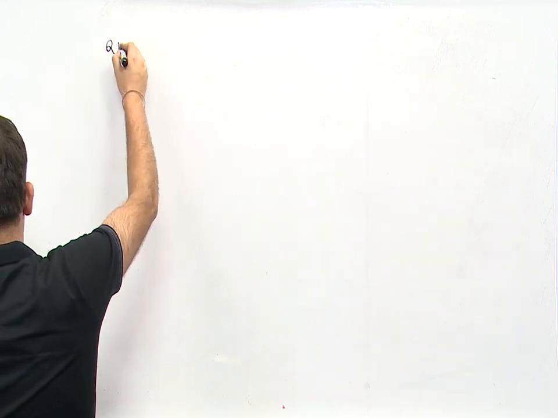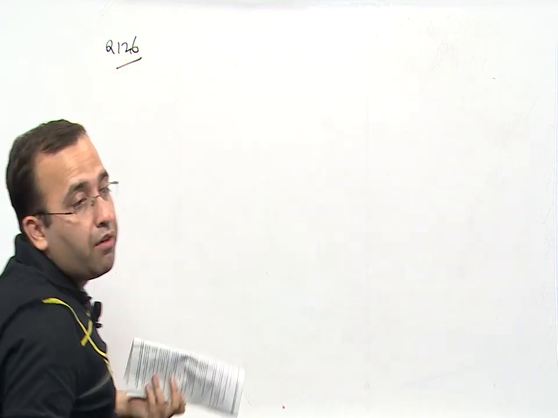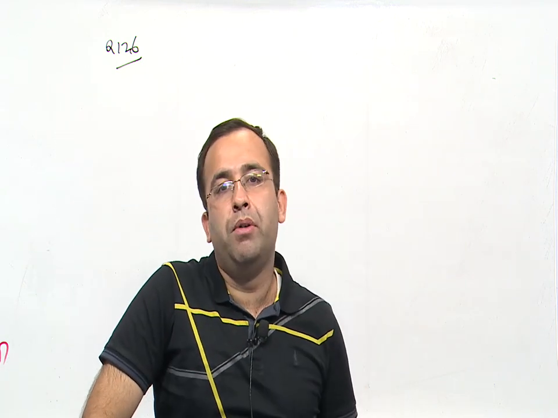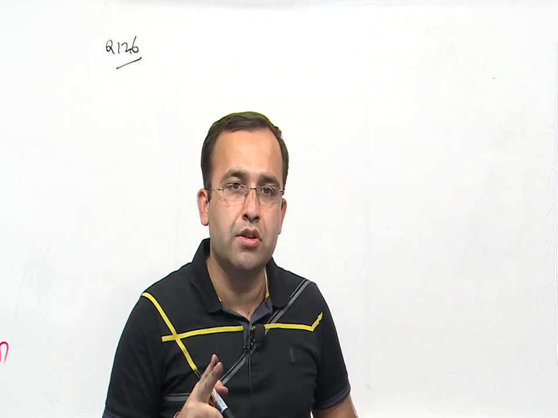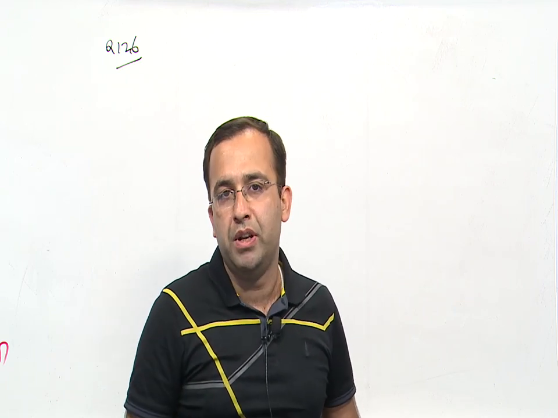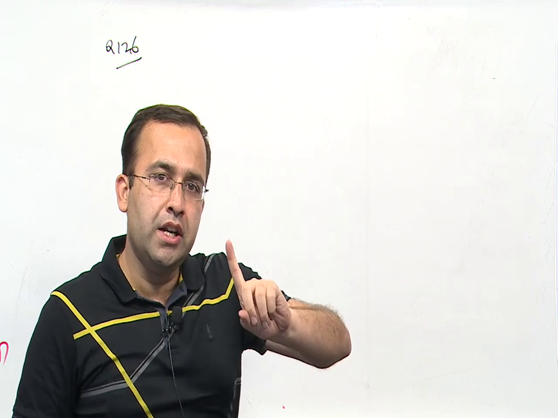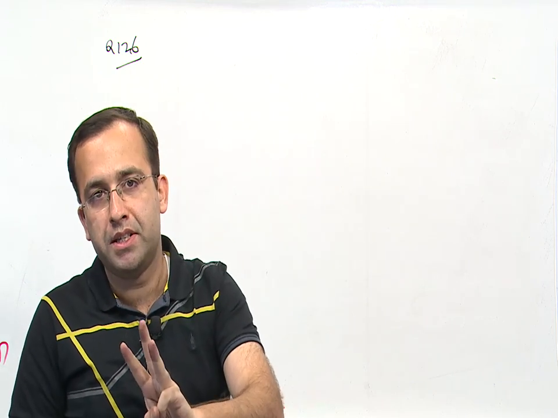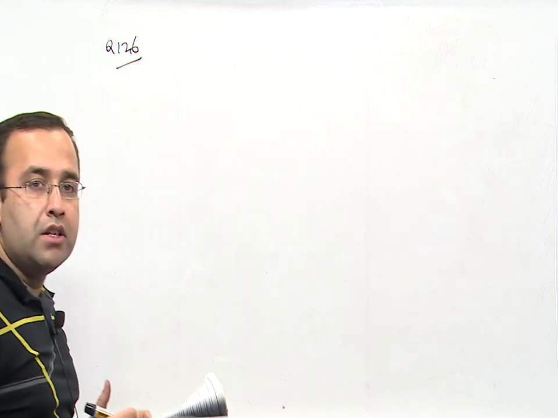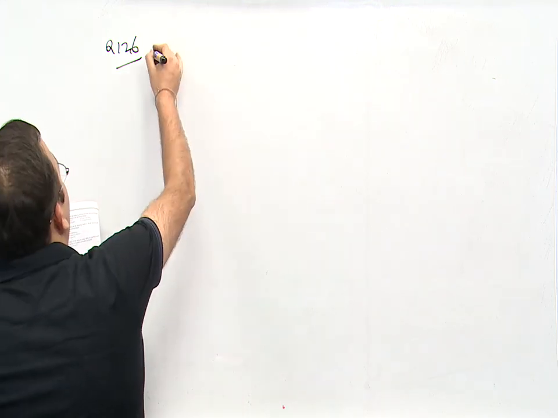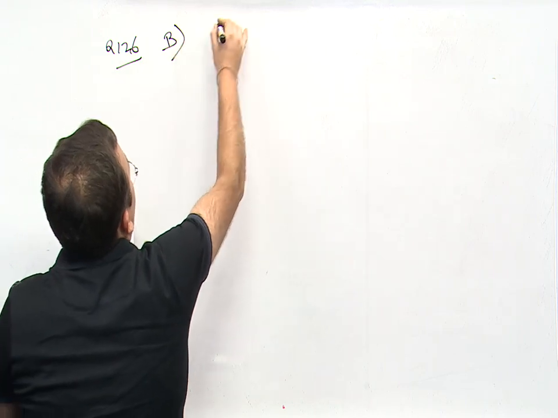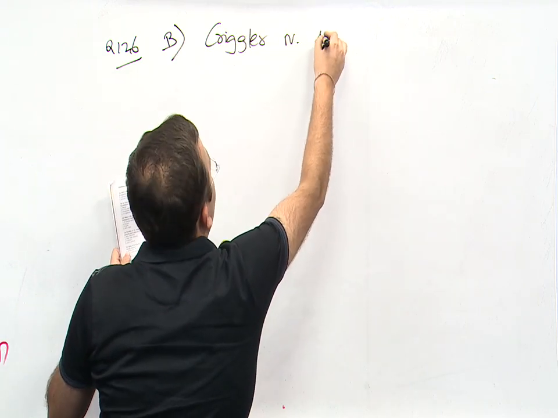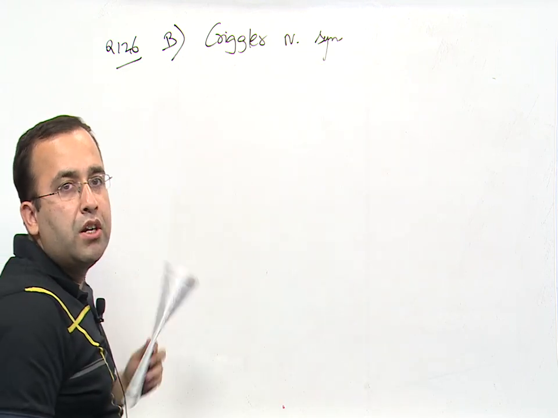Question 126. We have already seen this. Elevations of unconjugated bilirubin. The genetic causes of unconjugated hyperbilirubinemia are Crigler-Najjar type 1, Crigler-Najjar type 2 and Gilbert's. We have already discussed this in the previous question. So, answer is B, Crigler-Najjar syndromes.